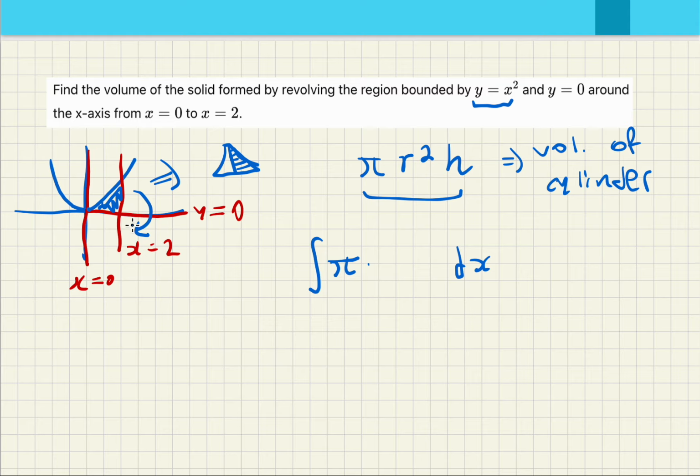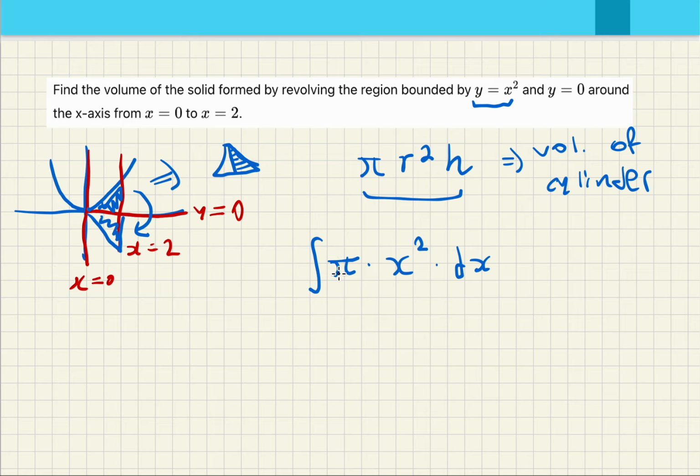Y is our radius, right? Because if I make this figure like this is our 3D figure, if you rotate it around the x-axis, the radius is the y value. So using this information, we plug in y, which is x squared in this case. It's not 0 because 0 is a constant and we can't plug that in. So we plug in x squared. And so we have this equation we can use now.